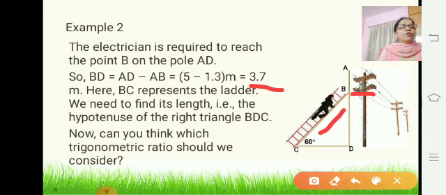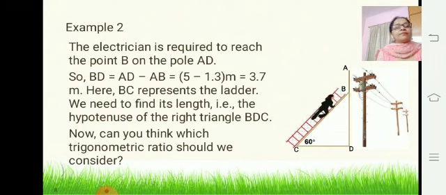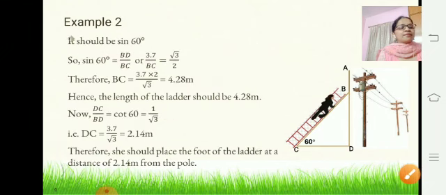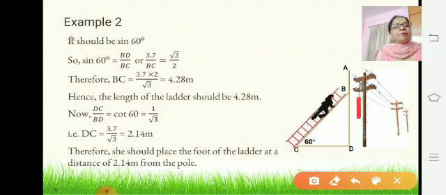So can you think which trigonometric ratio should we consider? Yes, it has to be sine 60 degrees. So when we take sine 60 degrees, it will be BD by BC. You already know BD and you need to calculate BC. So substitute the values and you will get the value of BC as 4.28 meters. Hence, the length of the ladder should be 4.28 meters.